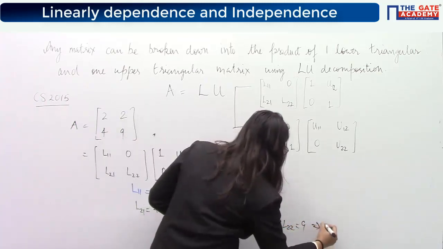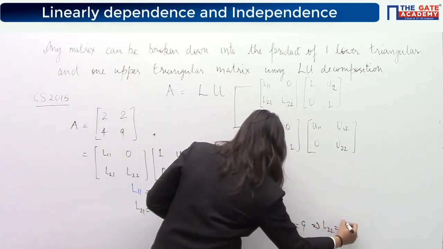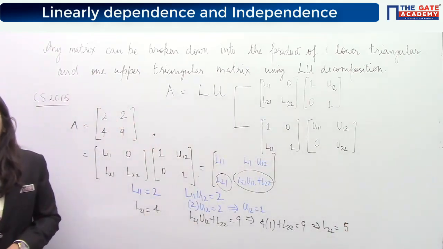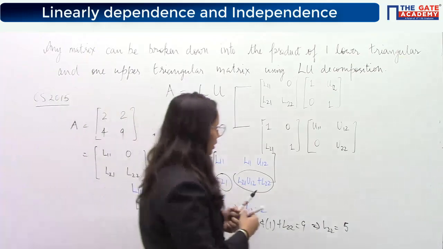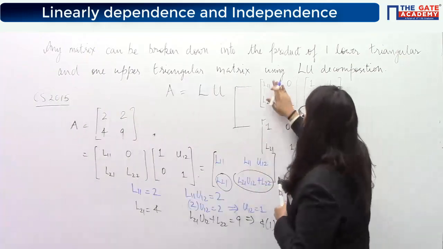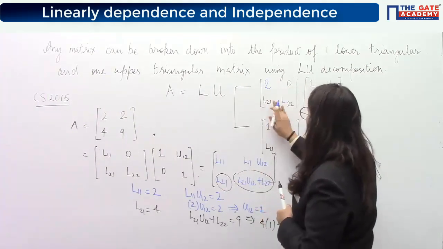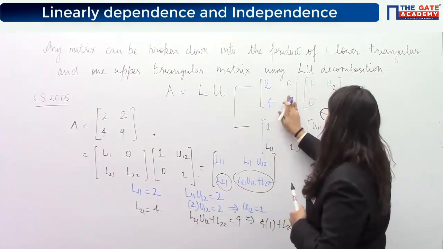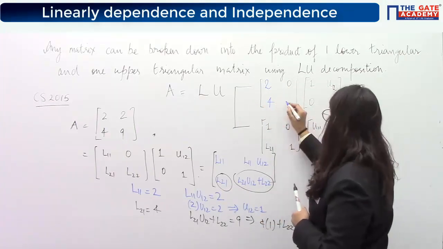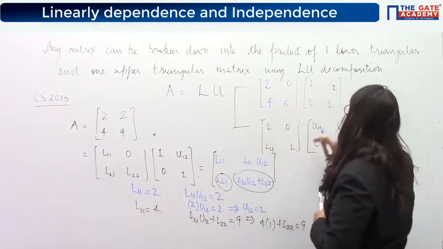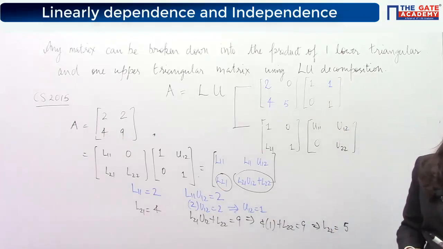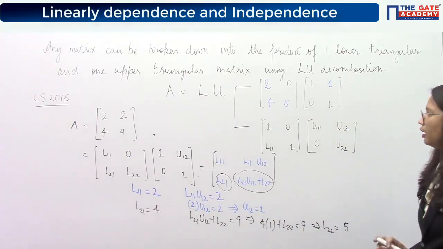Definitely your L22 is 5. So you have actually decomposed, you have got your result: L11 value is 2, L21 value is 4, L22 value is 5, and U12 value is 1. So this is how the decomposition process is done.